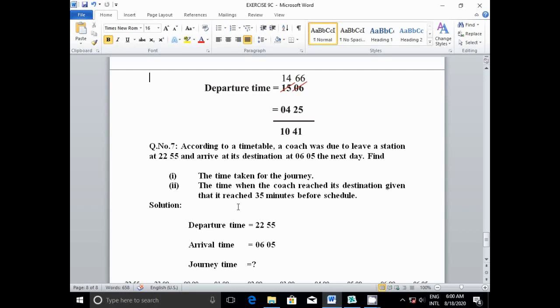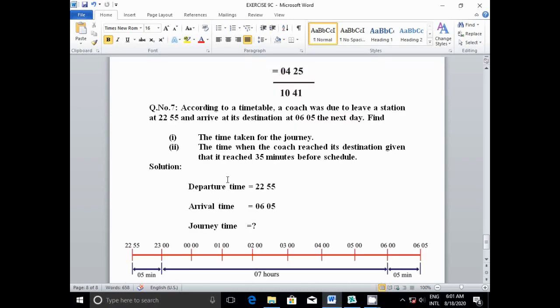So let's solve this question. Now, in the first part, we are going to find the journey time. We are given the departure time, which is 22 hours and 55 minutes, and the arrival time, which is 6 hours, 5 minutes next day. Now we have to find the journey time. We know that we can find journey time with the help of a straight line.